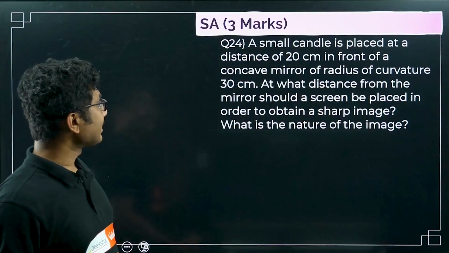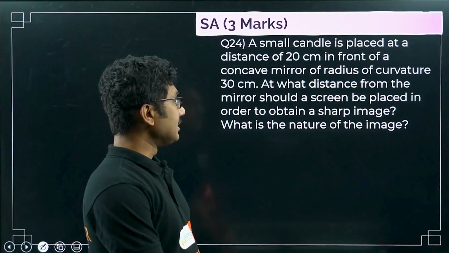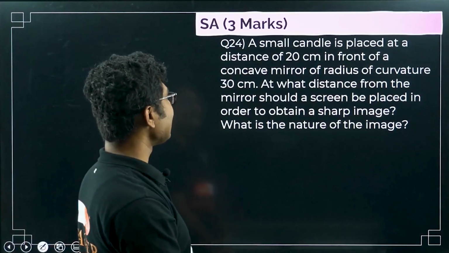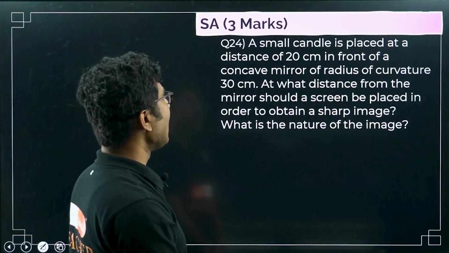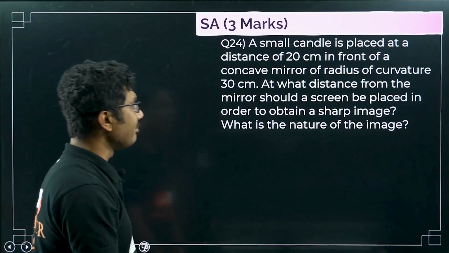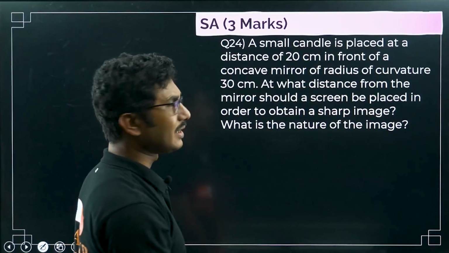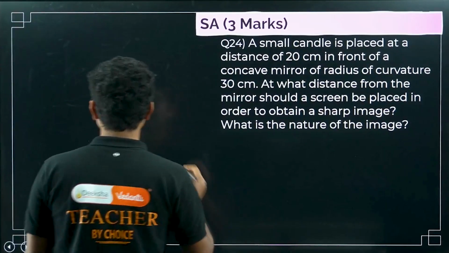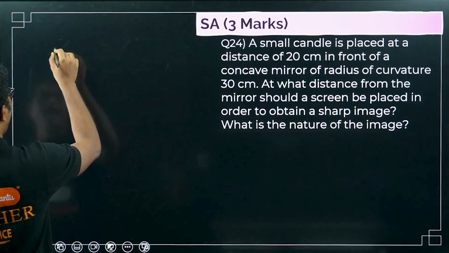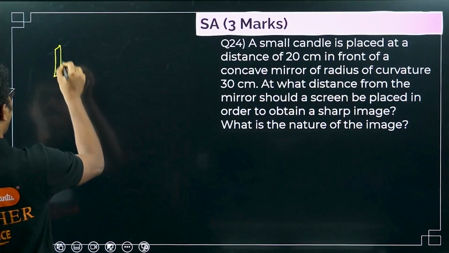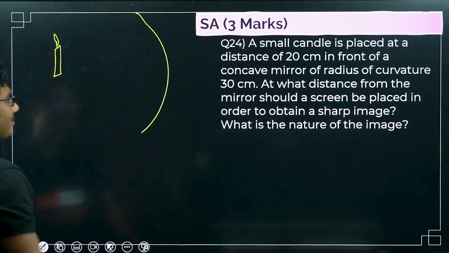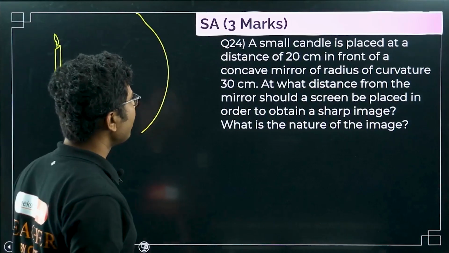Now let's look into the next question, a 3-mark question. It is a numerical question. A small candle is placed at a distance of 20 centimeters in front of a concave mirror of radius of curvature 30 centimeters.